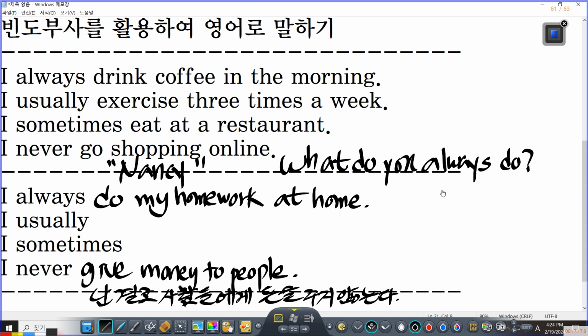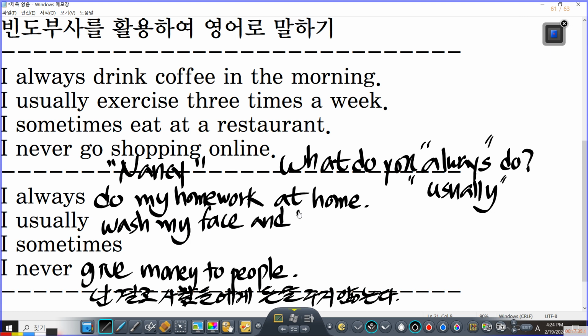오케이. 그 다음에 what do you usually do? 대개 하는 게 뭐야? I usually wash my face and hands. 손은 두 개 있으니까. 오케이. 언제? In the morning? 아침에. 이렇게 첨가해서 하면 좀 더 내용이 다채로워지고 좋아질 것 같아요. 다시 읽어볼까요?